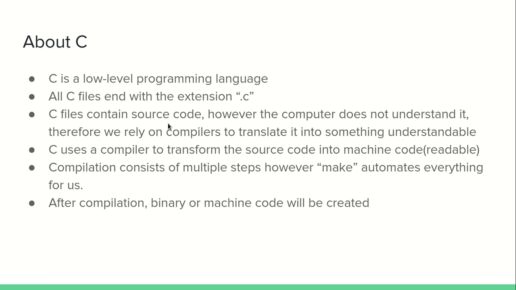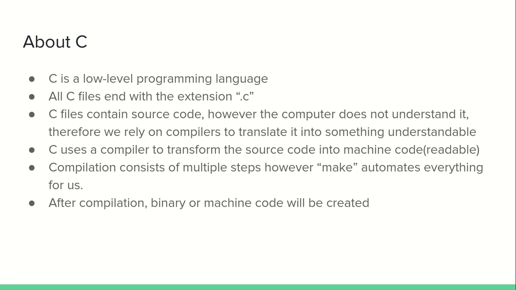C contains source code. So your C file is going to have what is known as source code. However, the computer does not understand it. Therefore, we rely on compilers to translate it into something understandable. So if you recall, we had the idea of source code and machine code. The source code, this is what I put into the C file, the int main void and all those kinds of things.